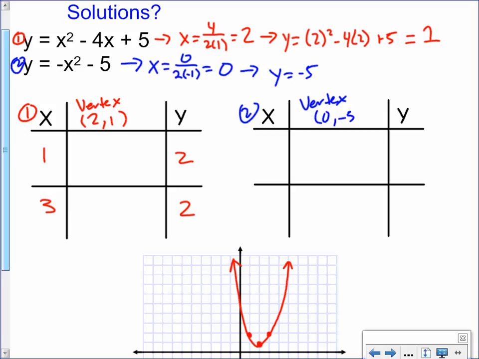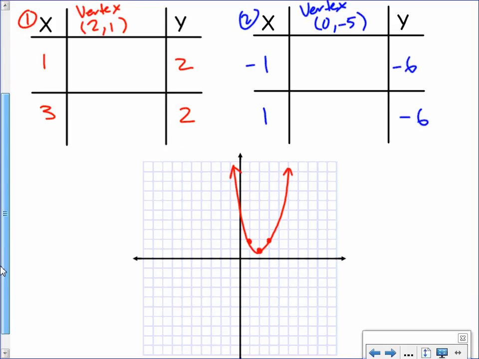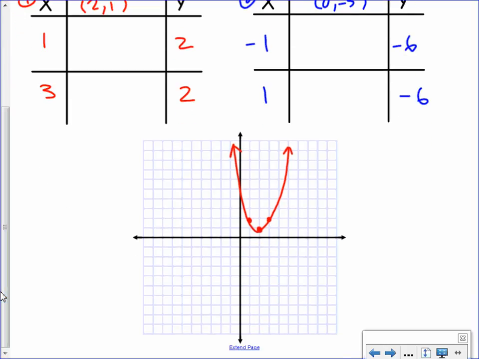0, -5. 2 more points. -1, -6, -6 or +6? -6, and then 1, -6. What's so sad? Oh! They'll never be together. It's so sad.